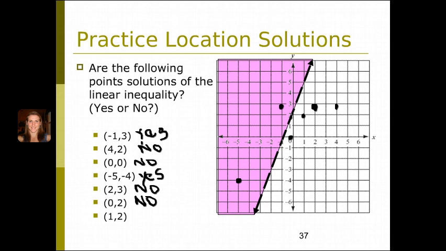It is not on the shaded region, therefore it is not a solution. Remember, this one fell on the boundary line right here, and it was not a solution because of the dashed line. Had the line been solid, it would have included this point.